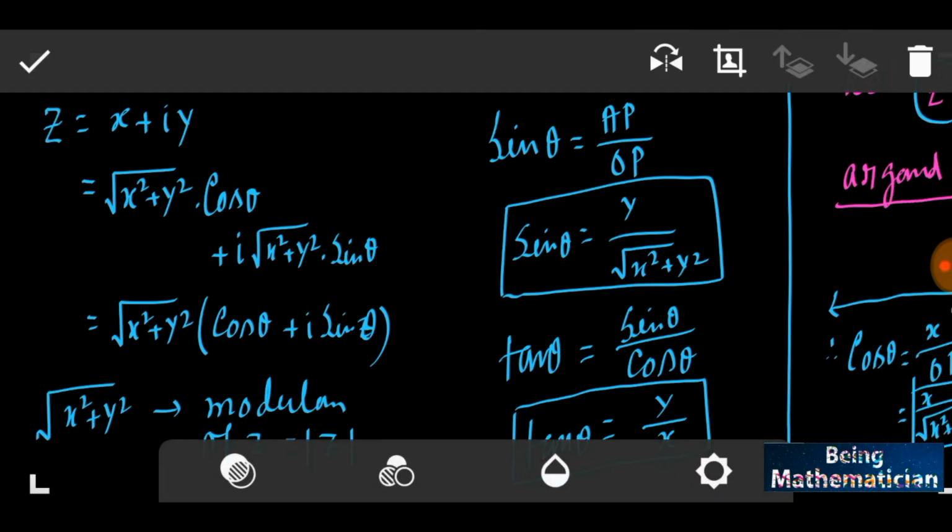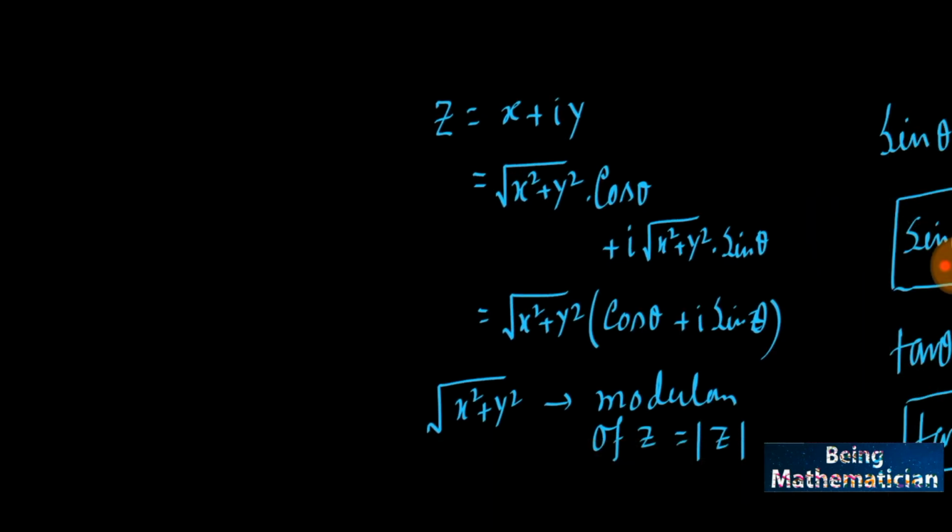So z can be written as mod z into cos theta plus i sin theta.